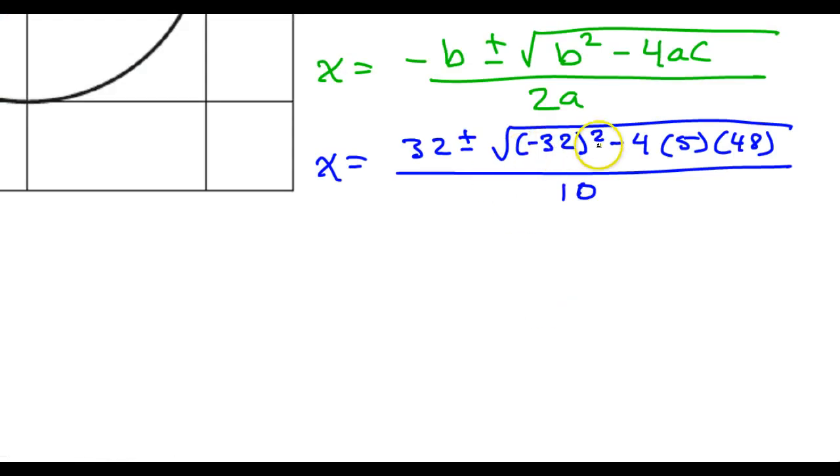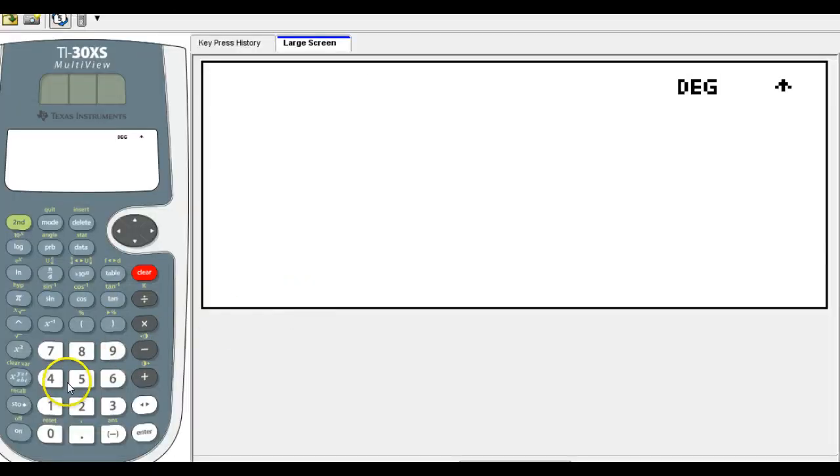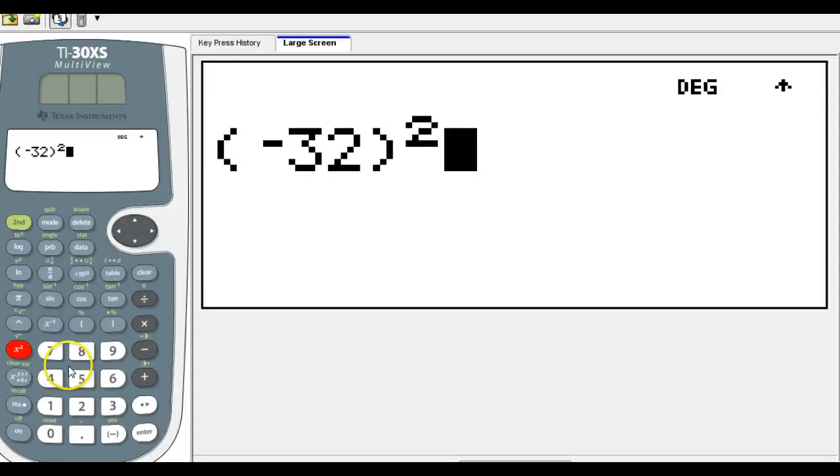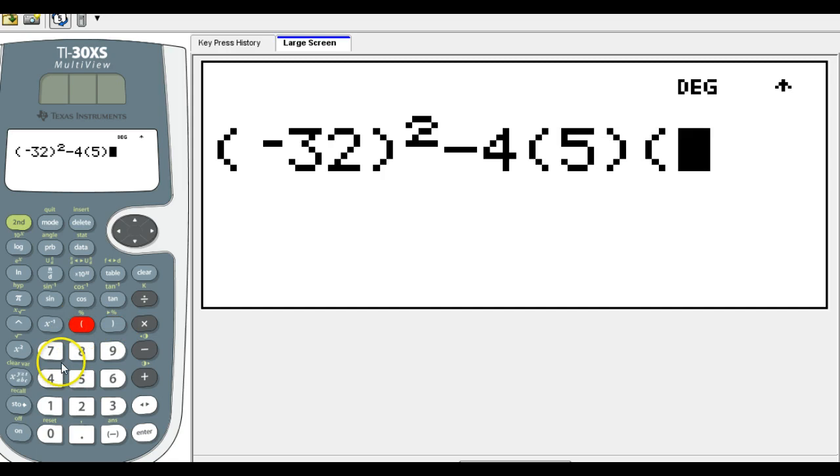So we've got negative 32 squared. Please use parentheses. You will get a different answer if you don't. Negative 32 squared. And then minus 4 times 5 times 48.